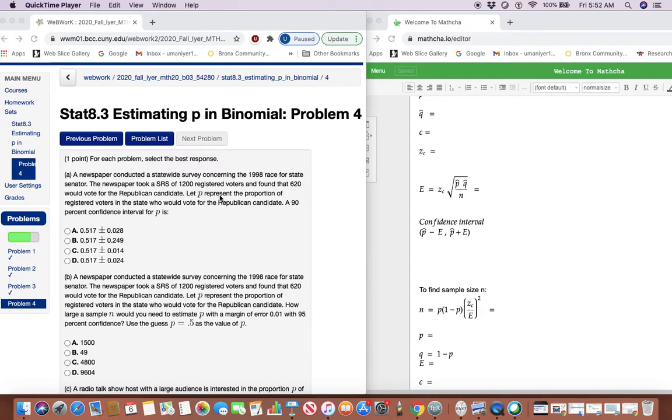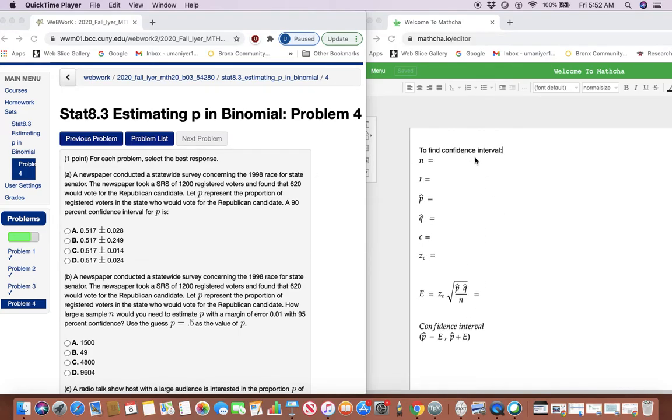Let P represent the proportion of the registered voters. The population is the set of all the registered voters in the state. You want a 90% confidence interval for P.